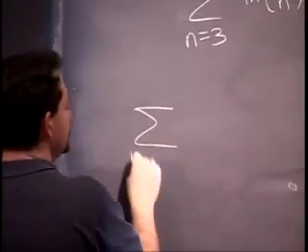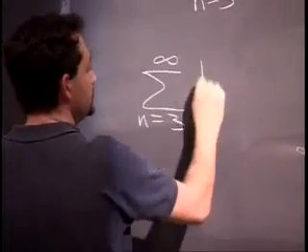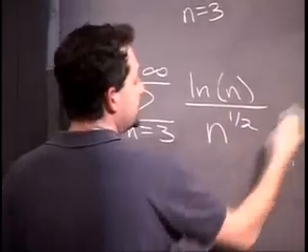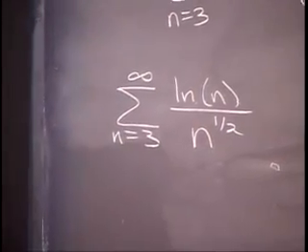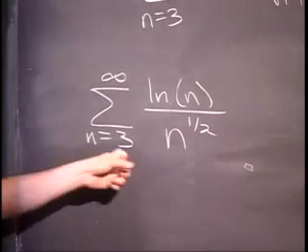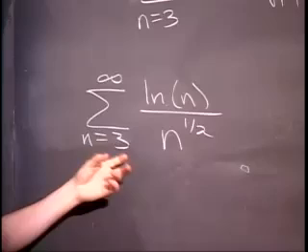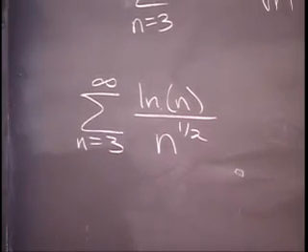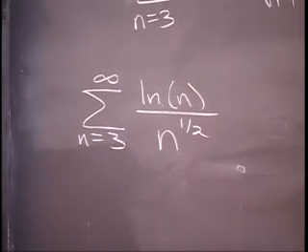Consider this. I'll write it as n to the half. How small could log n possibly be? What is the value of log n? It becomes log 3, log 4, log 5, log 6. What's the smallest that log n could possibly be in this series? Since log is increasing, log 3.